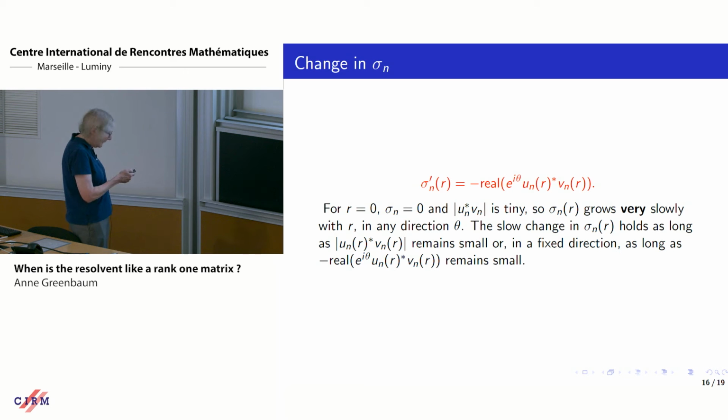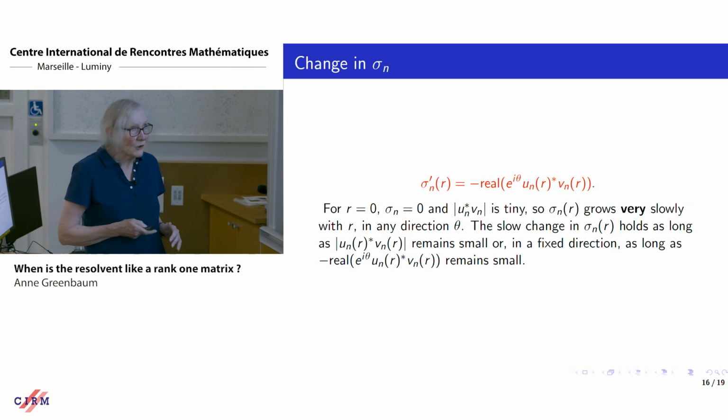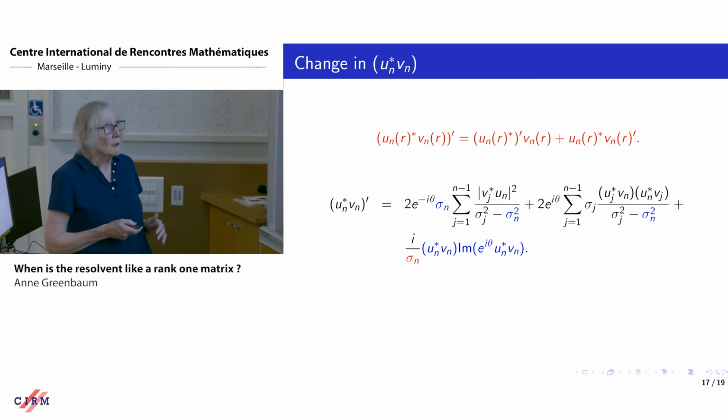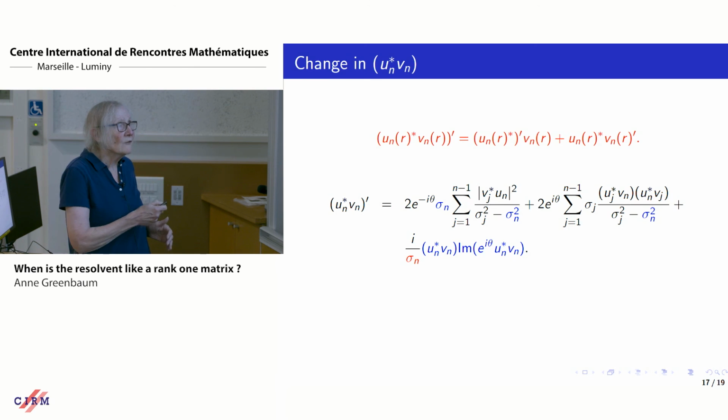So how do we show that un and vn start out almost orthogonal to each other? Do they stay almost orthogonal to each other? Well, again, we can differentiate the inner product, un star vn. And when we do that, we get this expression. This term is small as long as sigma n is small.